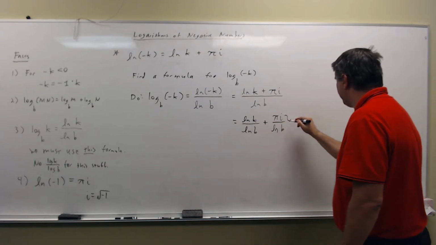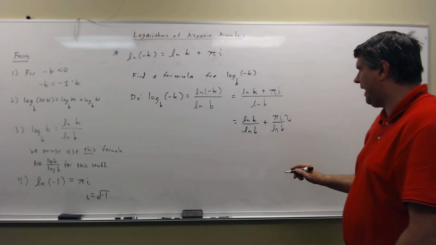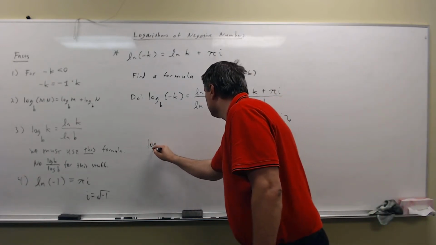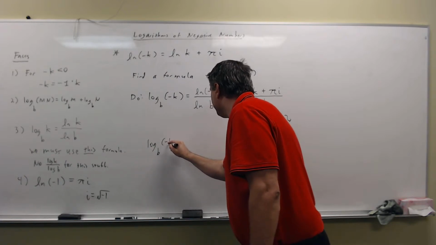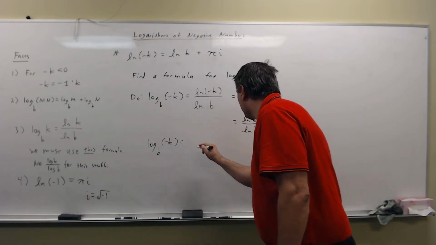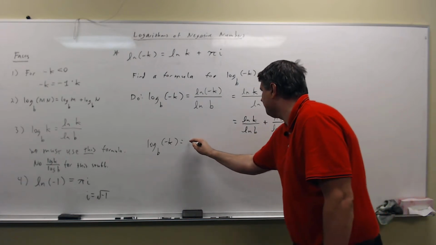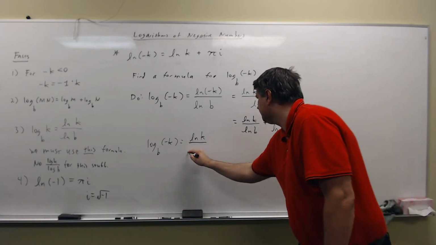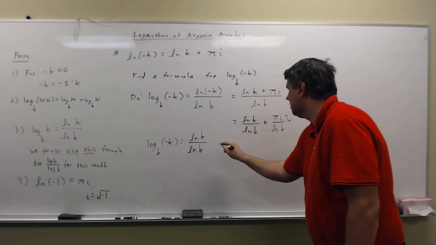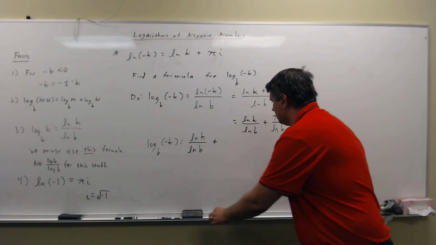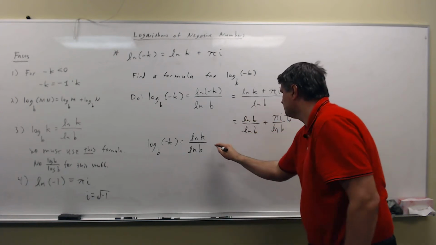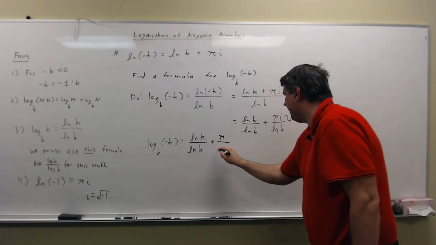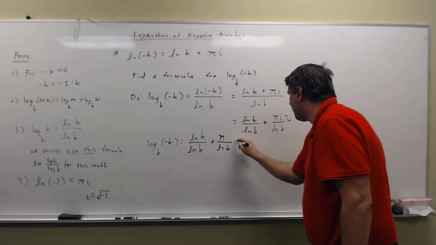I'm going to factor the i out of there. Okay? So log base b of negative k equals the natural log of k over the natural log of b plus pi over the natural log of b times i.